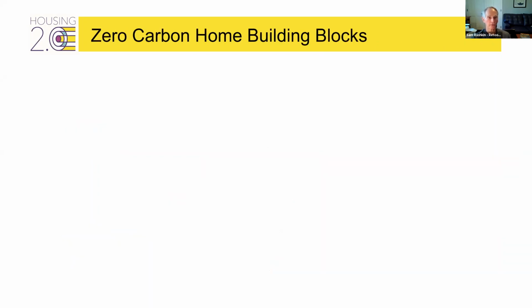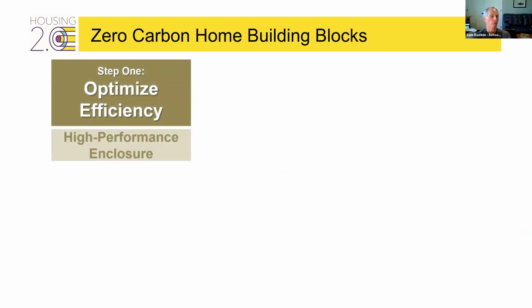And so this leads me to the basic simple building blocks that are your sure way to do zero carbon efficiently, effectively, with the best results. First and foremost, with no exception, you start with a high performance enclosure. You want to optimize energy, air leakage, moisture control, vapor control, all the performance key concepts have to be optimized.